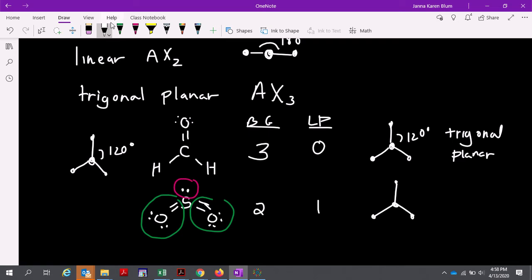But if I want to know what this thing looks like as a molecular shape, under a microscope, I can't really see that lone pair. So I can literally erase it there. And what I'm left with, so it doesn't change much, but what I'm left with is what's called, so I'm going to replace that with my lone pair sitting up here. And what I'm left with is a bent geometry.